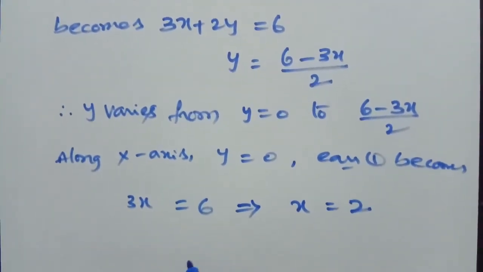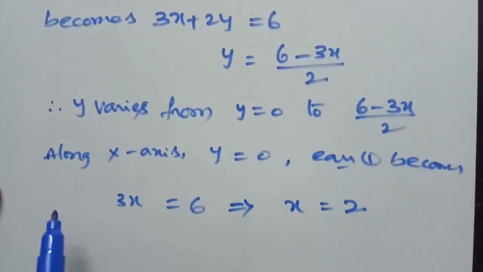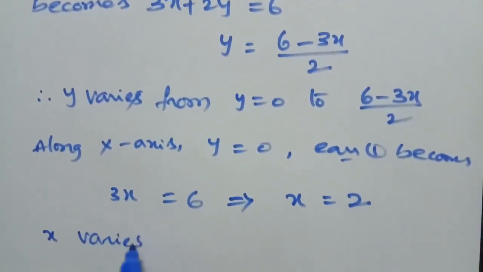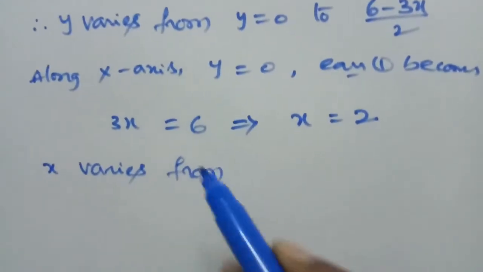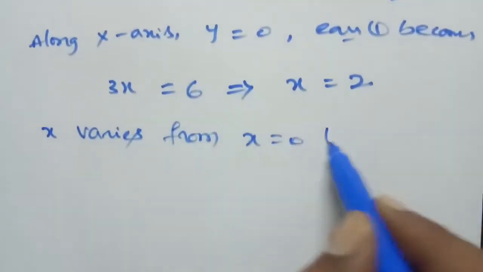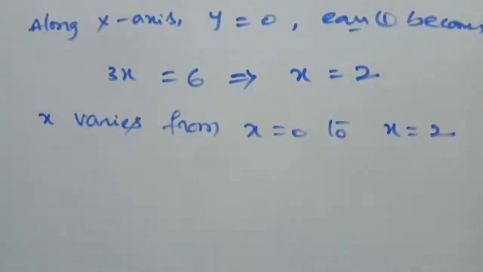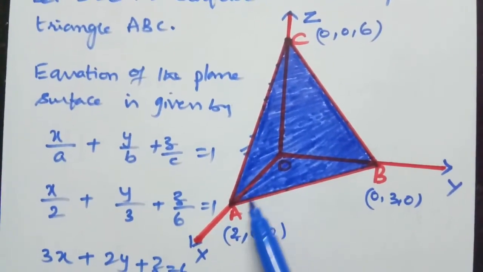Therefore, our surface being located in the first octant, x varies from 0 to 2.